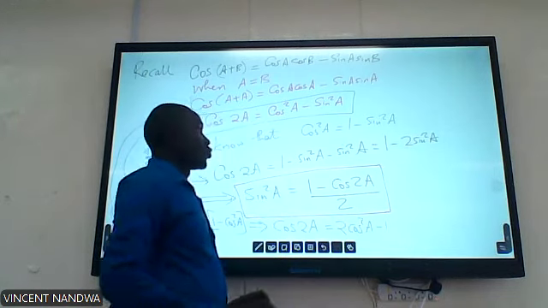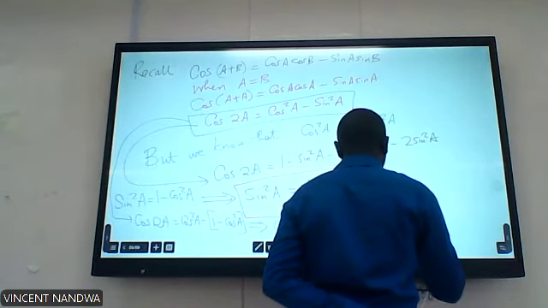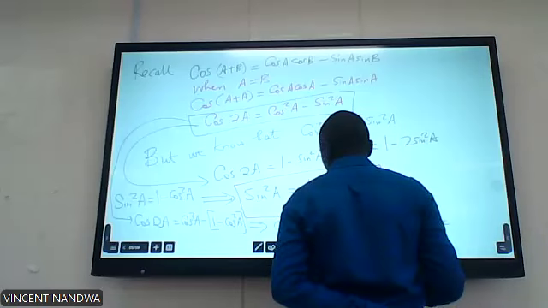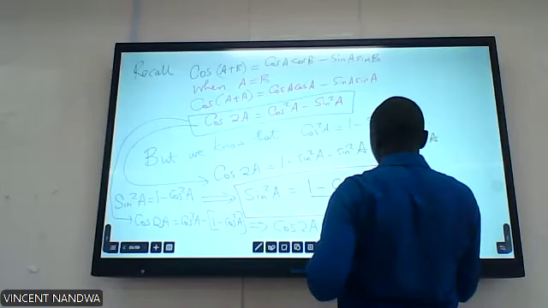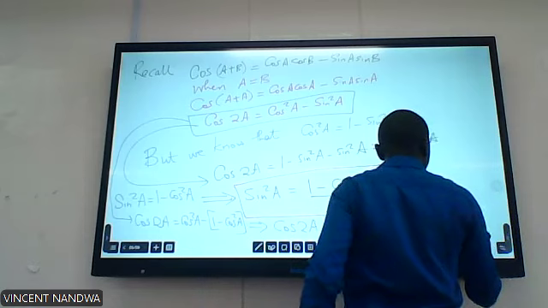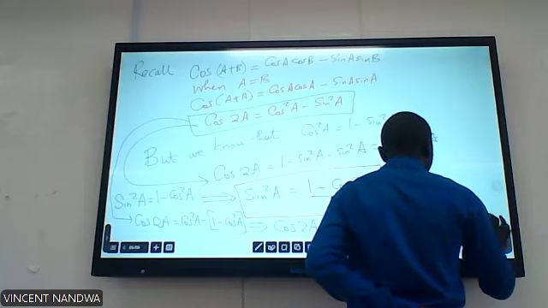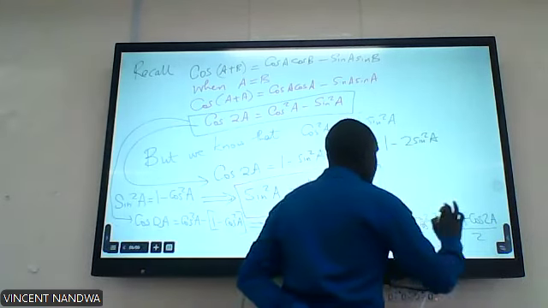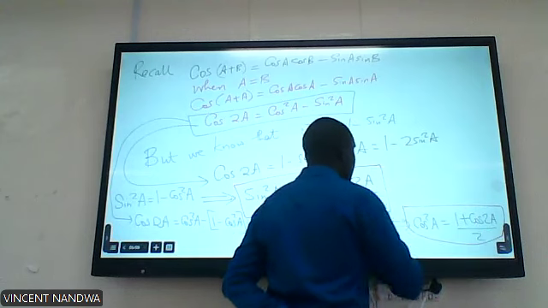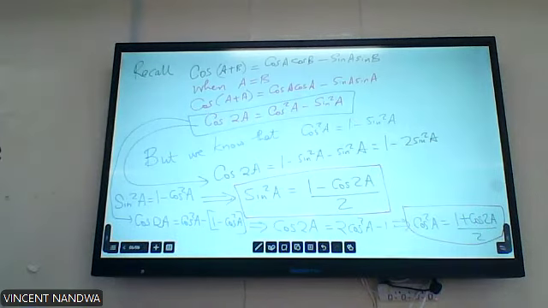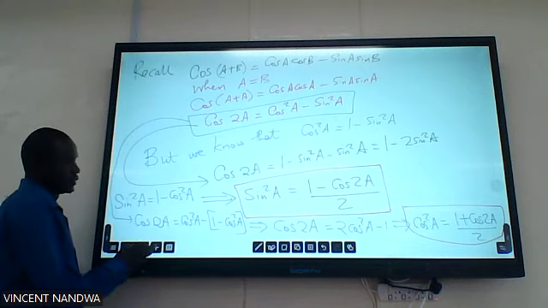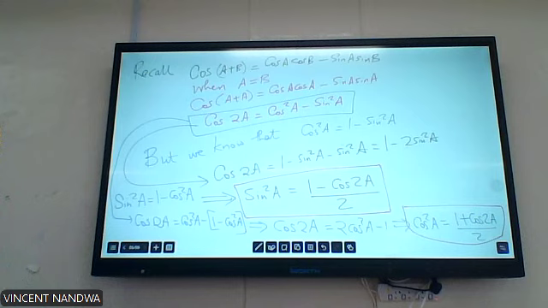Okay. So which tells us that cos squared A is nothing but, make this the subject, 1 plus cos 2A divided by 2. Add this to your toolbox. So this is another identity that can help you to solve problems. So add that to your toolbox.